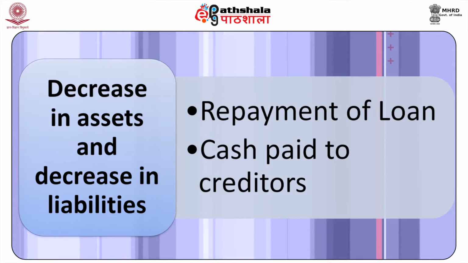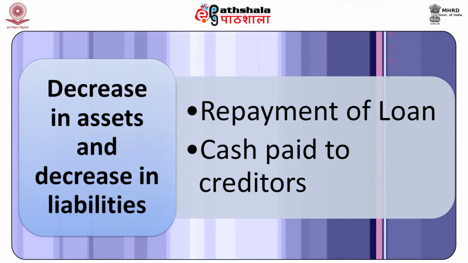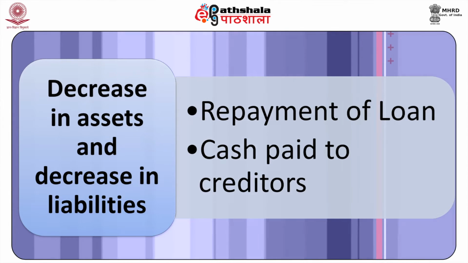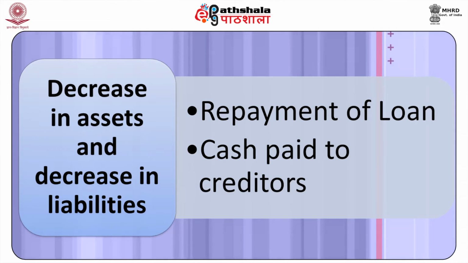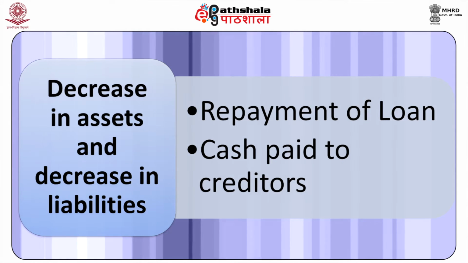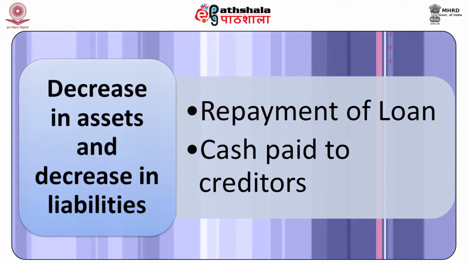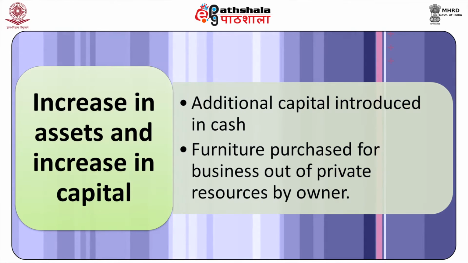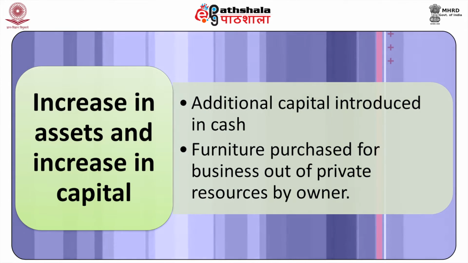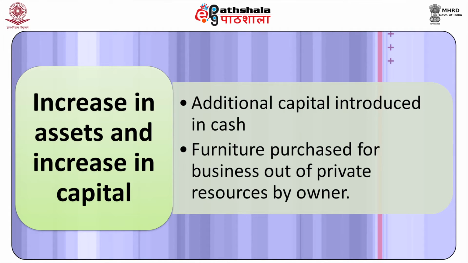Next, we come to decrease in assets and decrease in liabilities. Take an example of repayment of loan or cash paid to creditors. Third, we come to increase in assets and increase in capital.